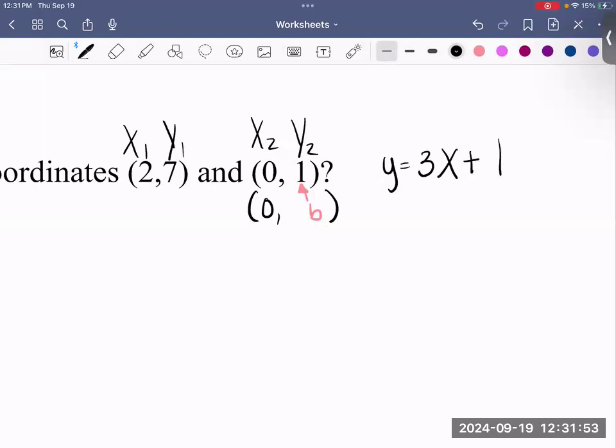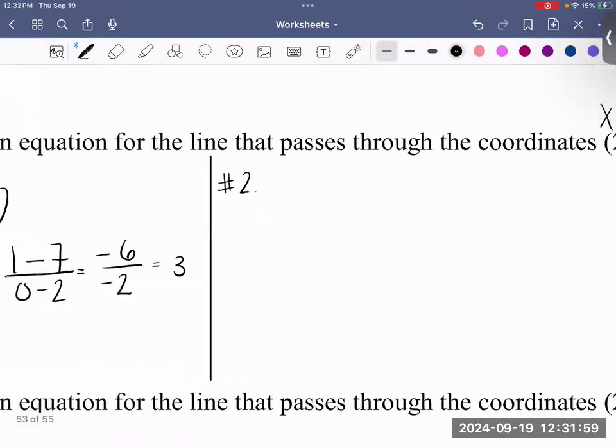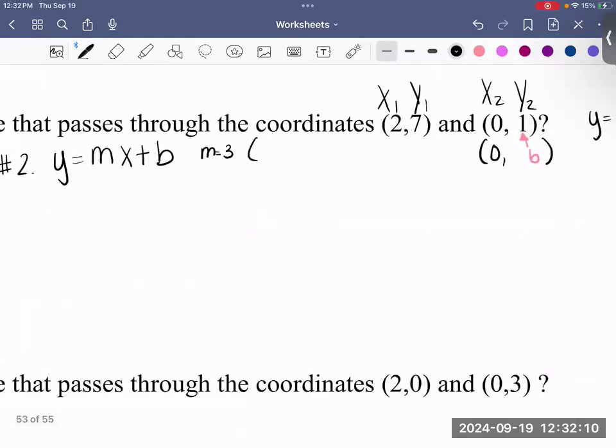Now let's say they didn't give it to us, or that we didn't recognize we had your y-intercept. One method is to use the equation y equals mx plus b. We now have your slope to be 3, and we also have some points. It doesn't matter which point you plug in. I might choose to plug in (2, 7), or if you want, you can plug in (0, 1).